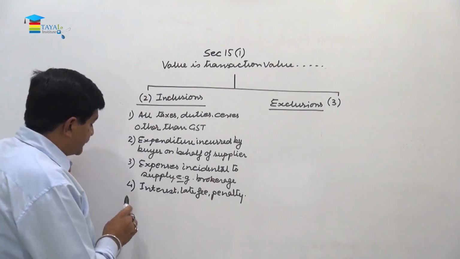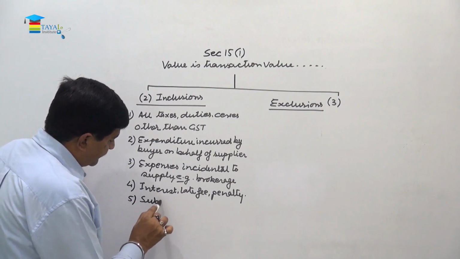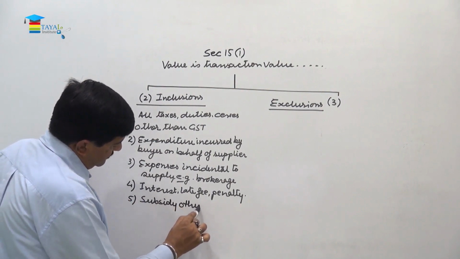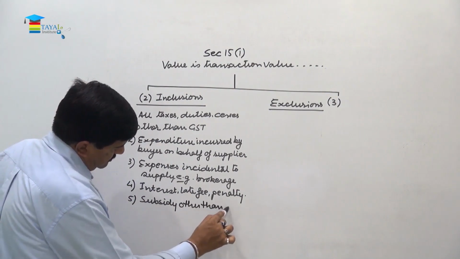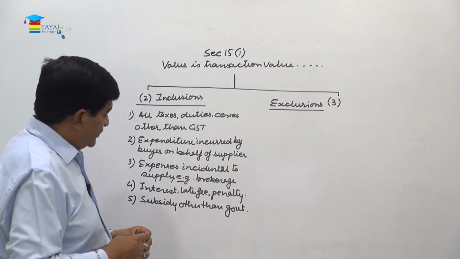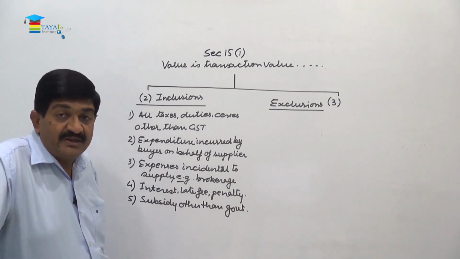Then number 5, which is very, very important, any kind of subsidy other than government subsidy. So subsidy means the price is discounted and the discounted amount is given by somebody else, that is a subsidy.